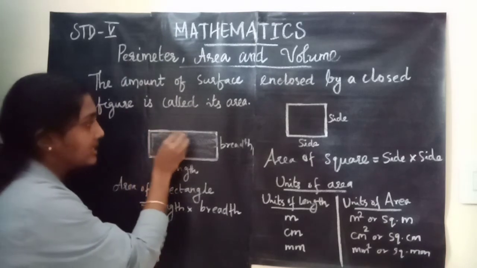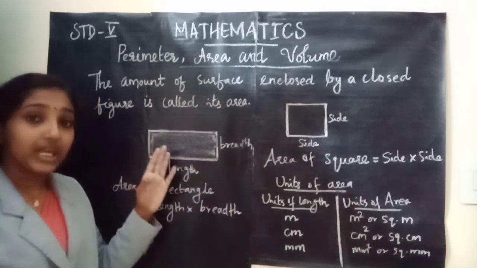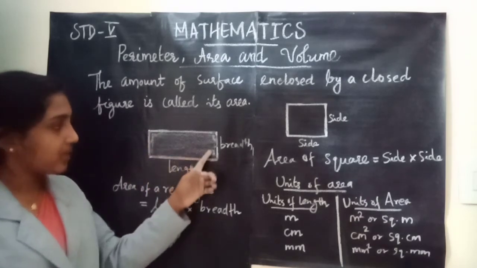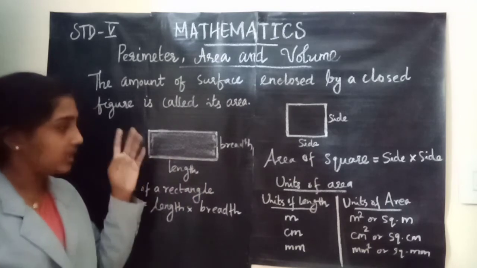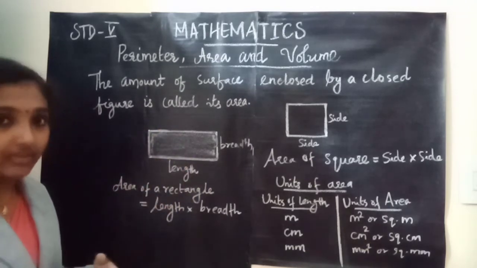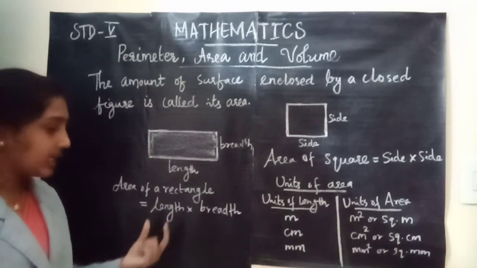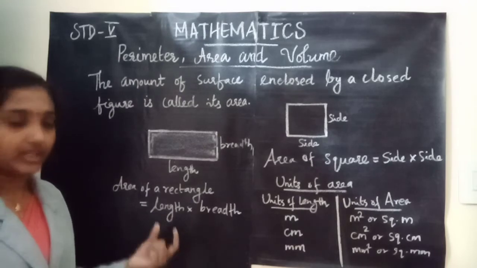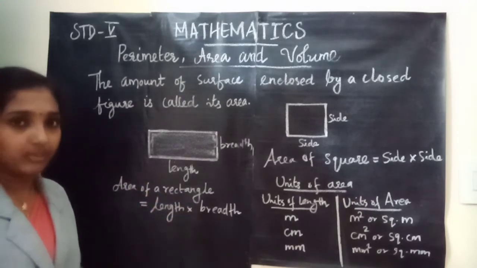So the space inside this rectangle is its area. And to find the area of a rectangle, we have a formula: length into breadth. Area of a rectangle is equal to length into breadth.